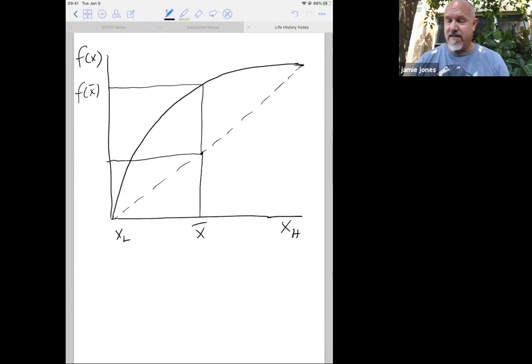So this is the fitness of the expected value of x, and this is the expected value of fitness. Those are very different, aren't they?